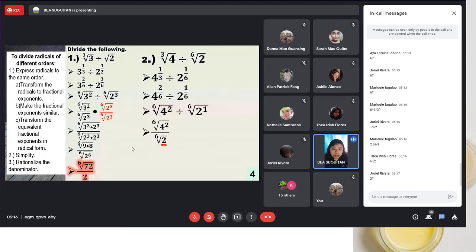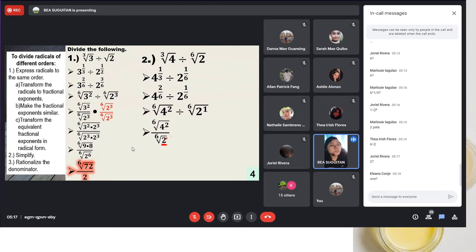Ano ang exponent ni 2? 2 ba? Tingnan maigi. Ano ang exponent ni 2? Ano ang exponent nito? 1. Okay.